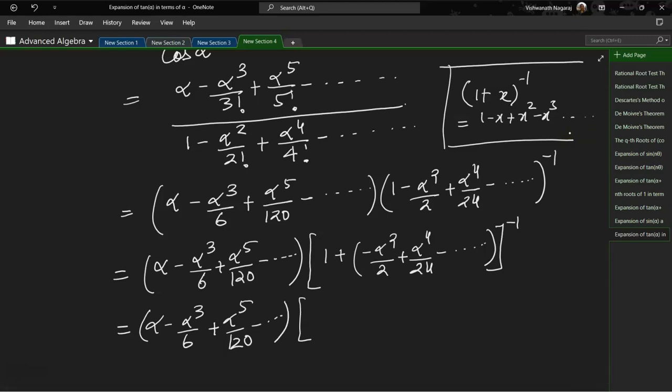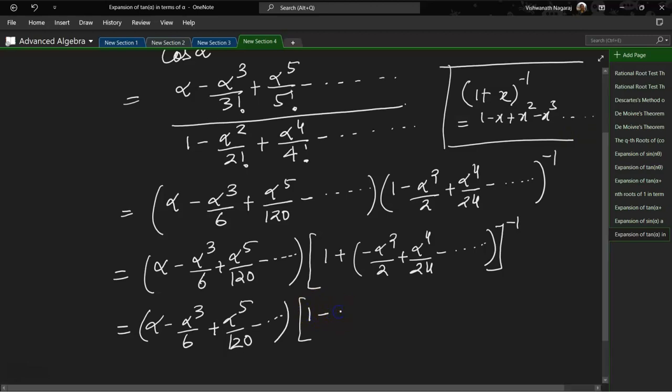We get 1 minus x, here x is this part, so we write it as minus alpha square by 2 plus alpha 4 by 24 minus dot dot dot, plus the same thing again, alpha square by 2 plus alpha 4 by 24 minus dot dot dot, squared, and this will go on and on.